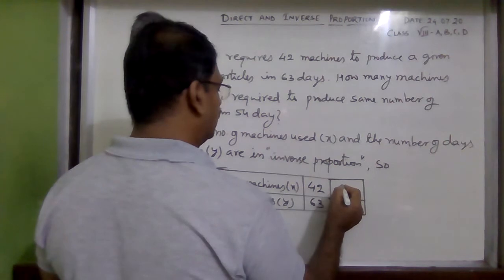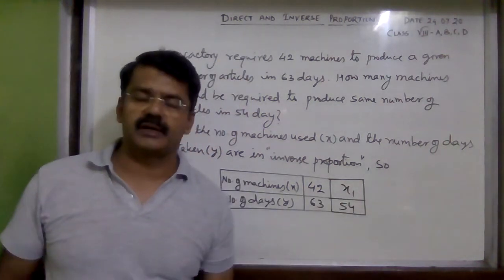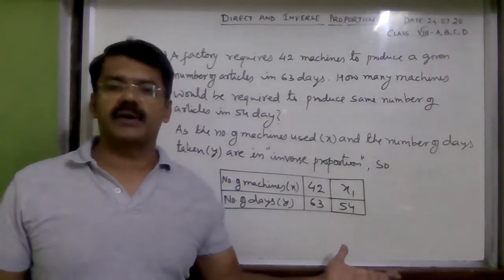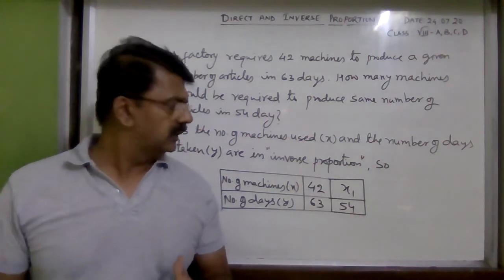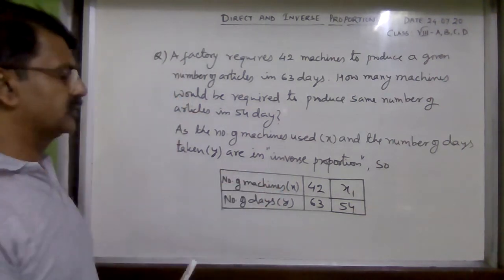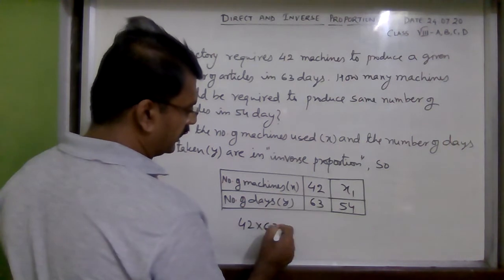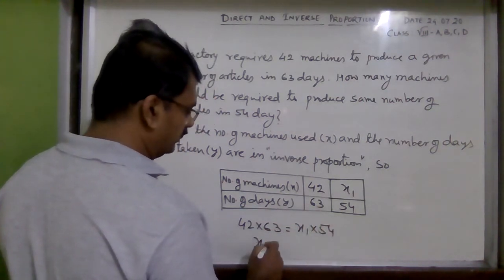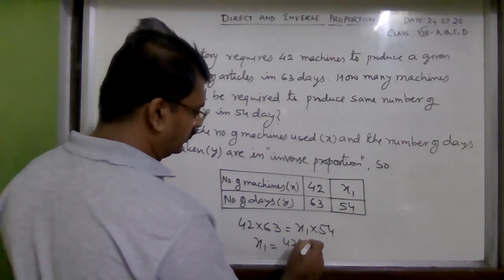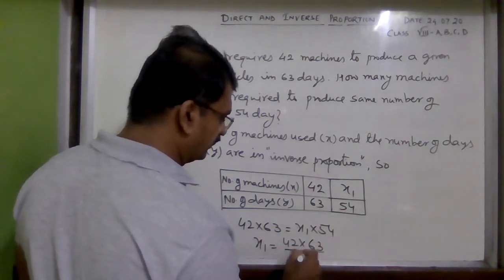So 54 here and you write x1 here. Now we have to find the number of machines used if the work has to be completed in 54 days. So as I told you that they are in inverse proportion, so 42 into 63 will be equal to x1 into 54. So x1 will be equal to 42 into 63 upon 54.